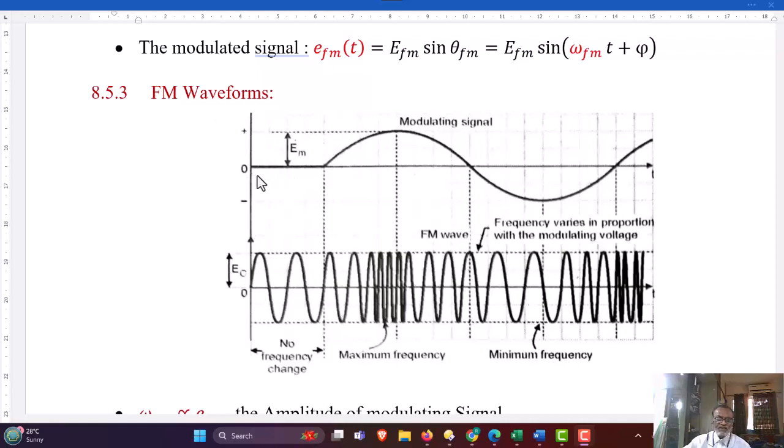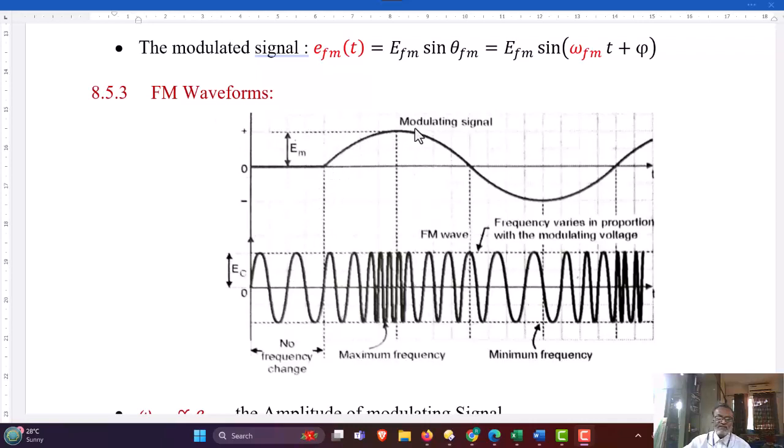If you see, when the modulating signal is 0, there is no change in frequency of the modulated signal. It means the modulated signal has the same frequency as the carrier signal's free running frequency omega_c.